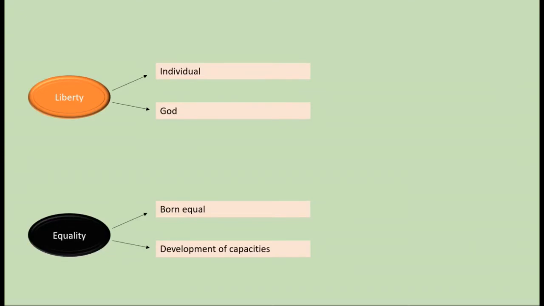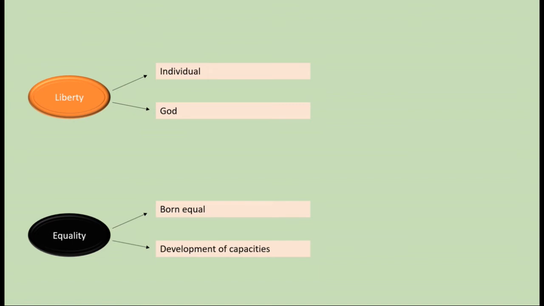Ninth, liberty. The idea of liberty was adopted from the French Revolution. Freedom of thought, expression, belief, faith and worship embodied in the preamble was ensured through Part 3 of the Constitution.